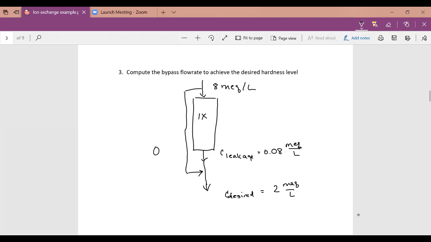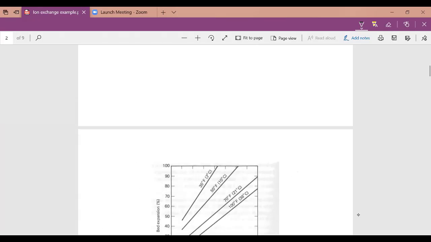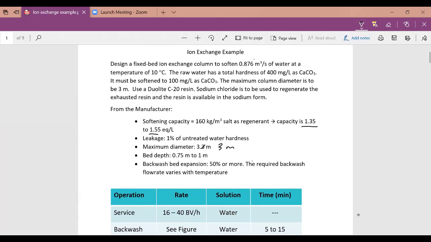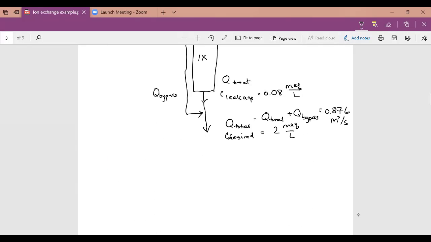So we have Q bypass, we have Q treat, and we have Q total. That equals Q treat plus Q bypass, and that equals the original flow rate, which is 0.876 meters cubed per second.